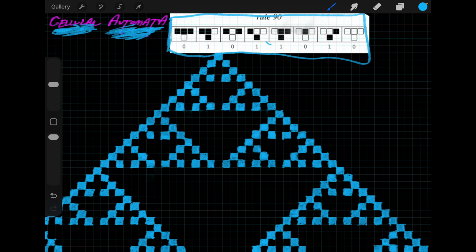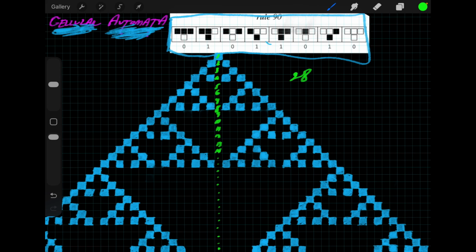We could see how many steps I had done. Let's see: 1, 2, 3, 4, 5, 6, 7, 8, 9, and a step is just a row. 10, 11, 12, 13, 14, 15, 16, 17, 18, 19, 20, 21, 22, 23, 24, 25, 26, 27, 28 steps.